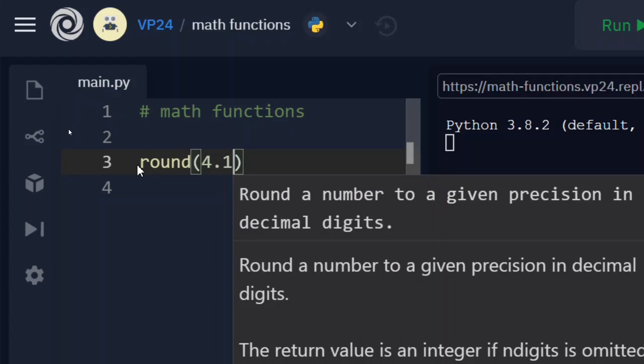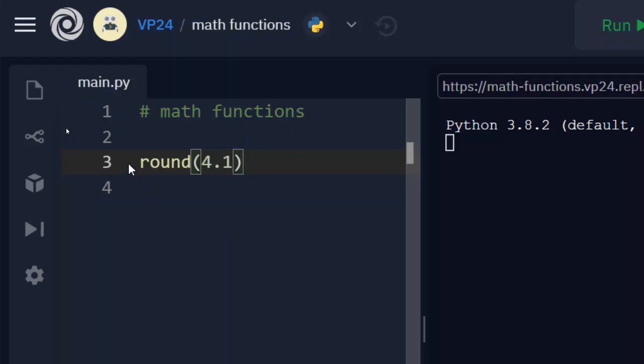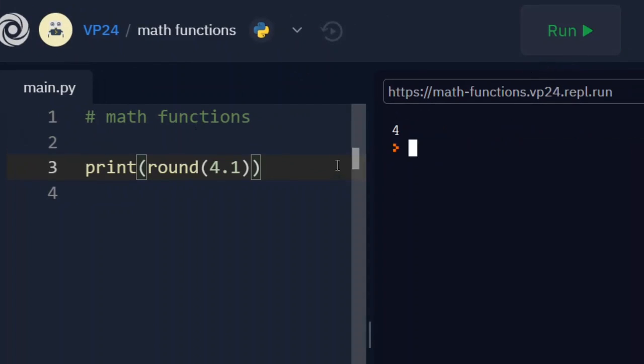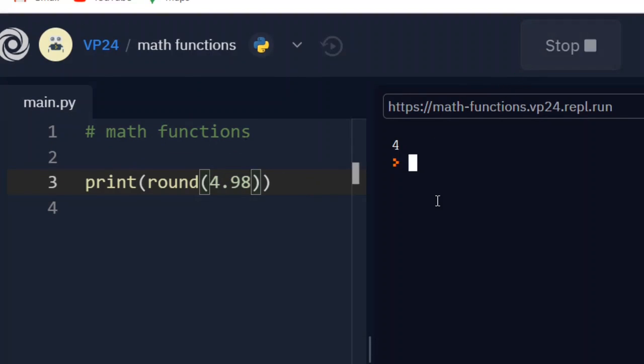And always remember to print this out, and never forget this parenthesis. If I run this, I get it as 4. And if it was 4.98 and I run this again, it becomes 5. So this is the basic round function available in Python.